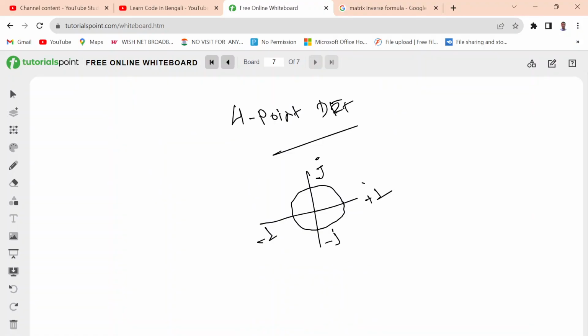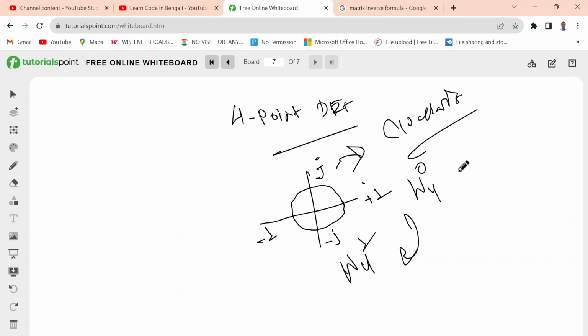So how to find it? Suppose this is the 4 point DFT, omega 4 0, omega 4 1. So move clockwise, sorry, counterclockwise. No, no, clockwise. I am also confused. Okay, so W4^2 and W4^3.